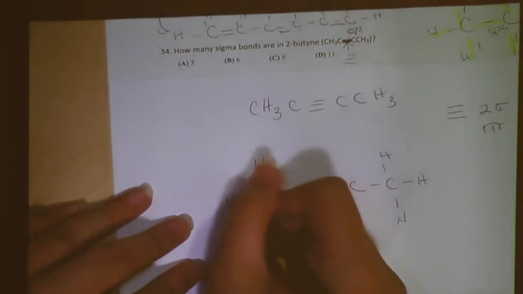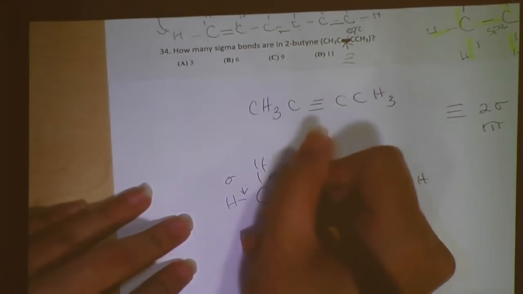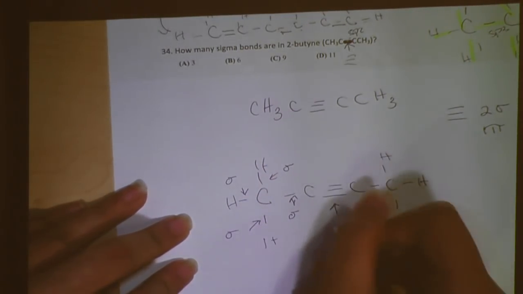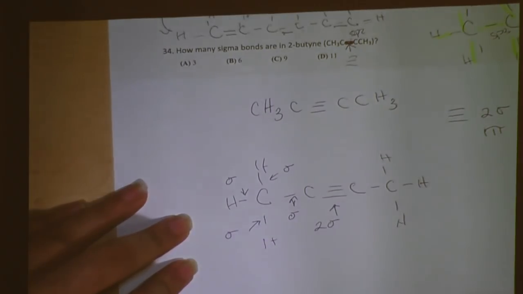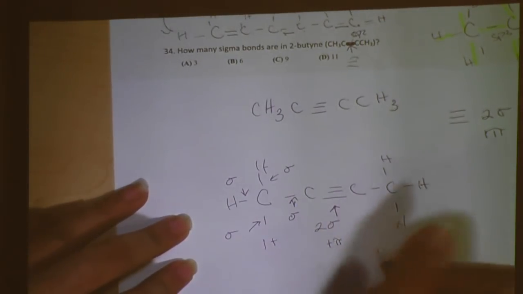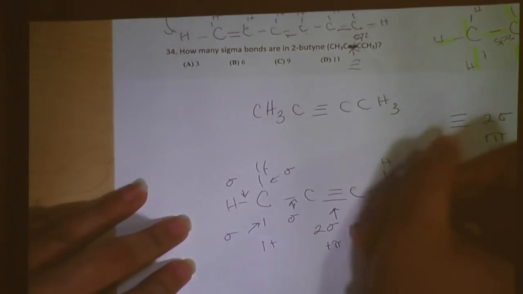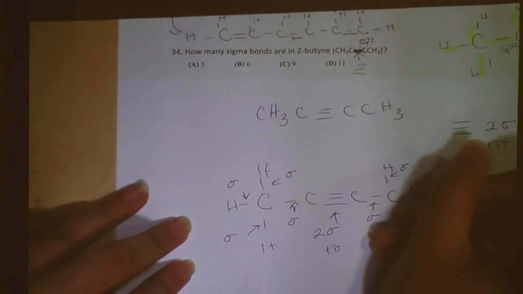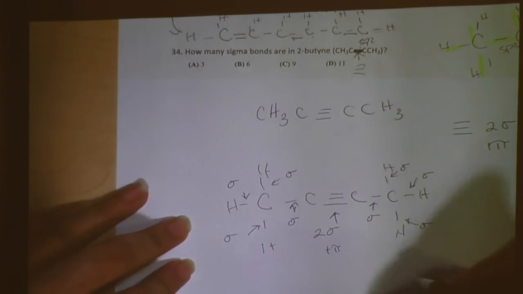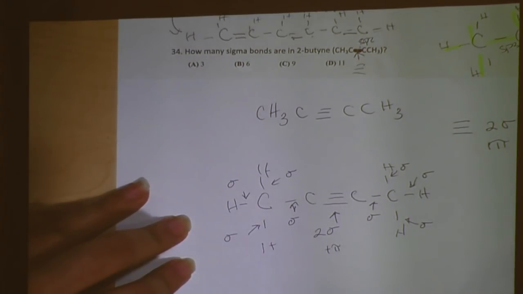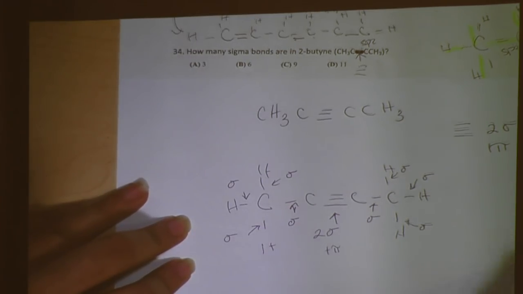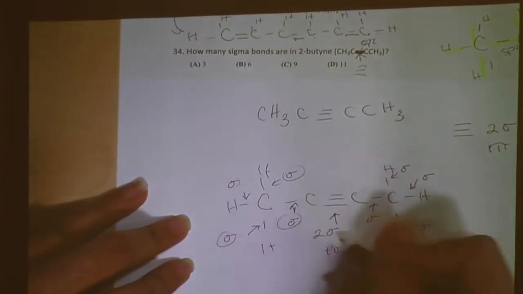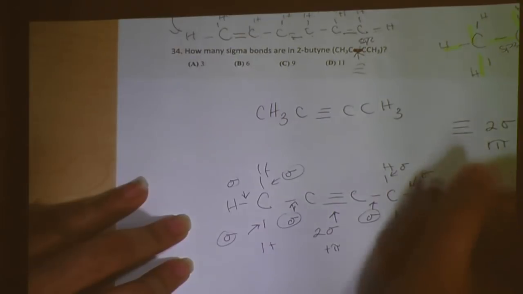So I have 1, 2, 3, 4, 5, 6, plus a pi, 7, 8, 9, 10. Let me count that again. 1, 2, 3, 4, 5, 6, 7, 8.